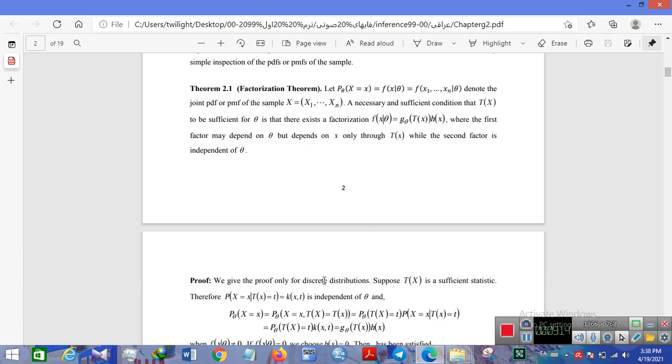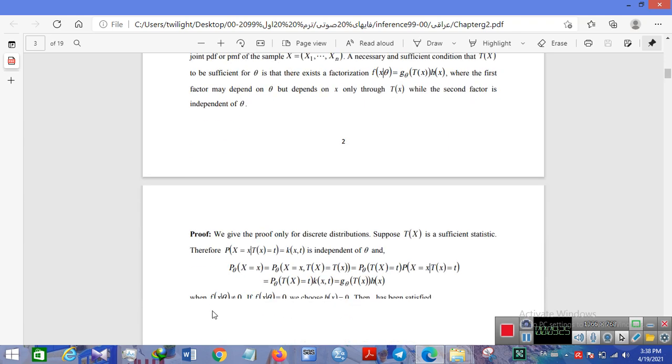The proof is given for the discrete distribution. First, suppose T(x) is a sufficient statistic. By the definition of a sufficient statistic, the probability of X equals x conditional on T(X) equals t is independent of theta. This is the definition of the sufficient statistic.